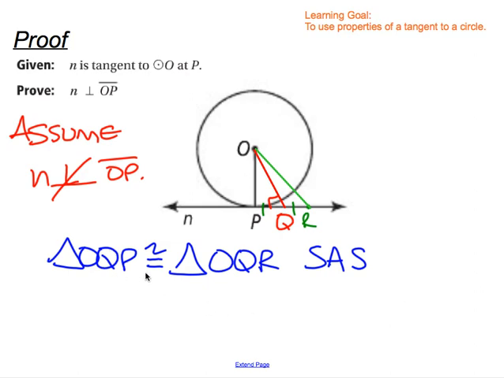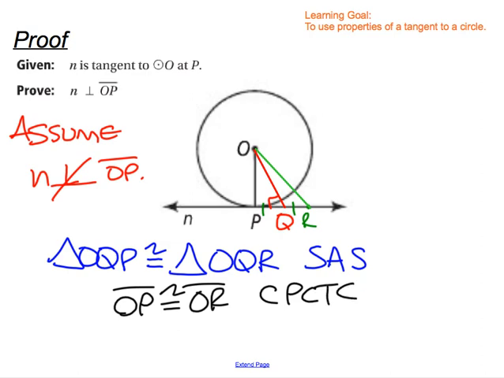And if these two triangles are congruent, then segment OP would have to be congruent to segment OR, and that's by CPCTC. So we have this segment is congruent to this segment.